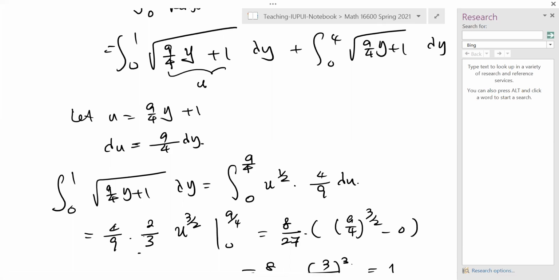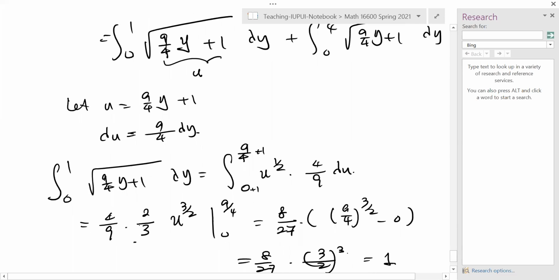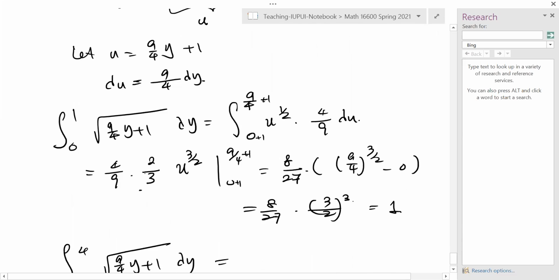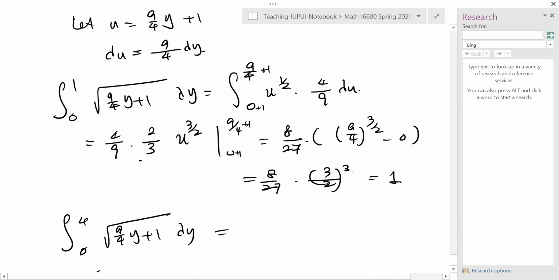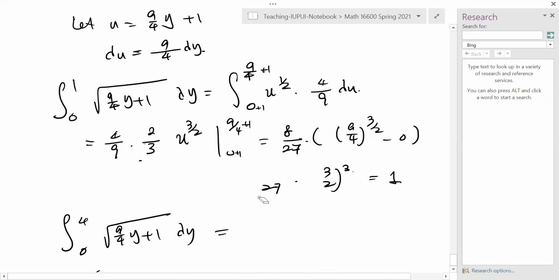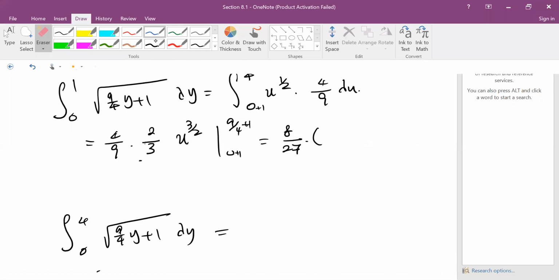When y equals 1, this is plus 1, this plus 1. So it's not that simple. I think it's correct.